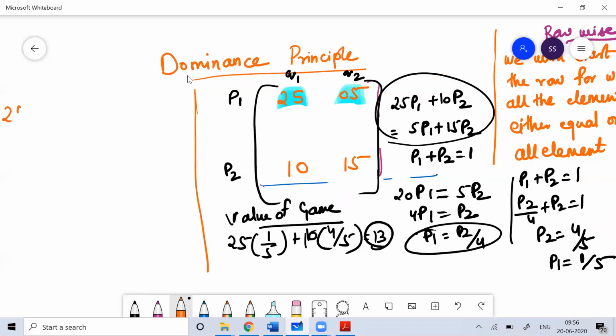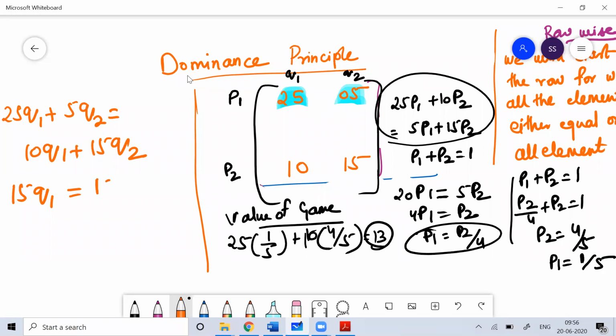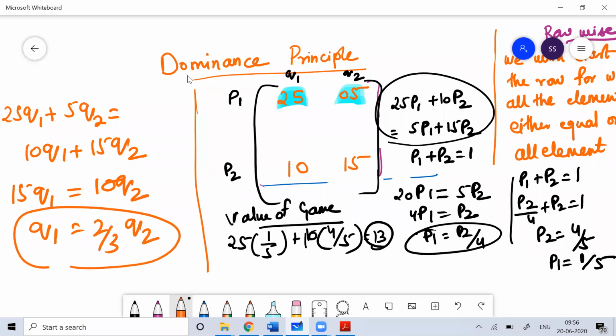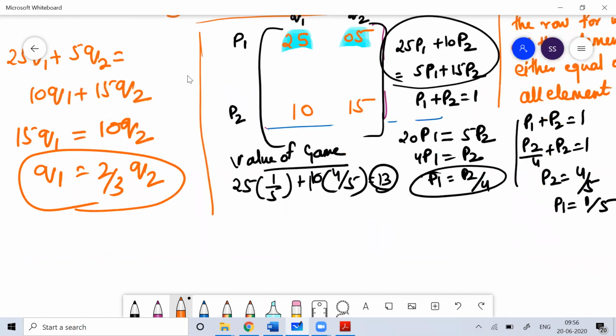So 25 Q1 plus 5 Q2 equals 10 Q1 plus 15 Q2. 15 Q1 is equal to 10 Q2, and then Q1 is equal to 2 by 3 of Q2. You get this relation. Now you can put Q1 plus Q2 equal to 1.